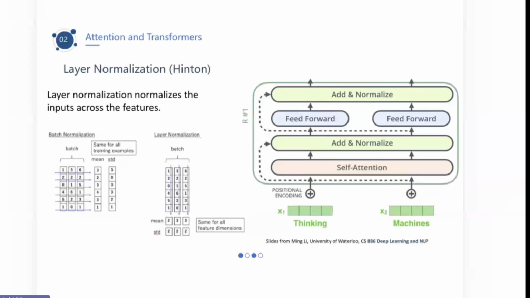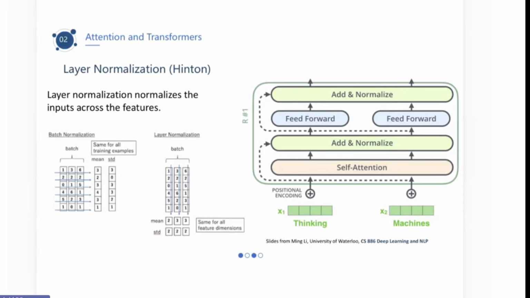Okay, so let's see what is there in layer normalization and how we do it. Before that, let's see batch normalization. We already went through batch normalization when we were discussing the CNN part. Suppose we have three samples.